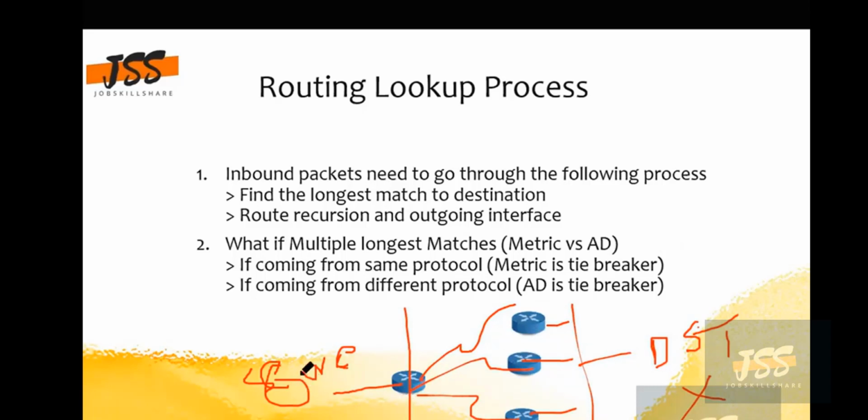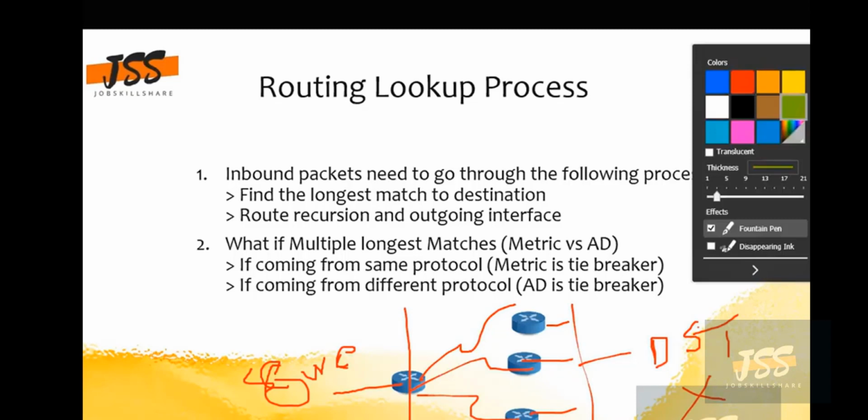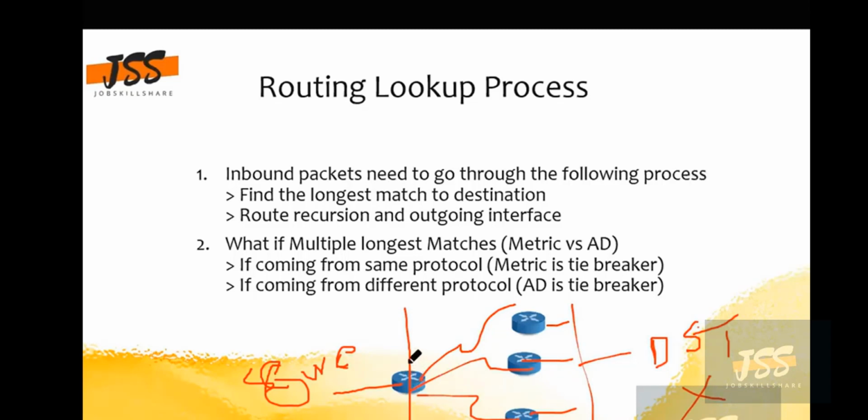But what happens when this source wants to reach this destination? When this packet hits this router, what is going to happen? I'm going to explain. What process does it need to go through?